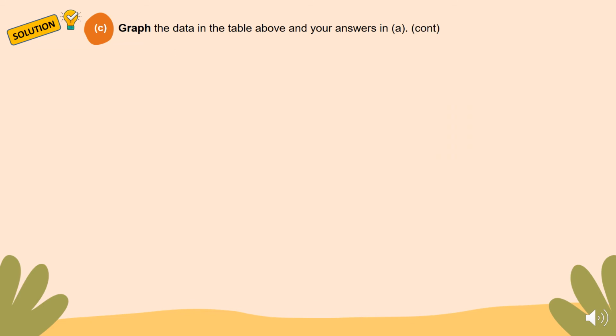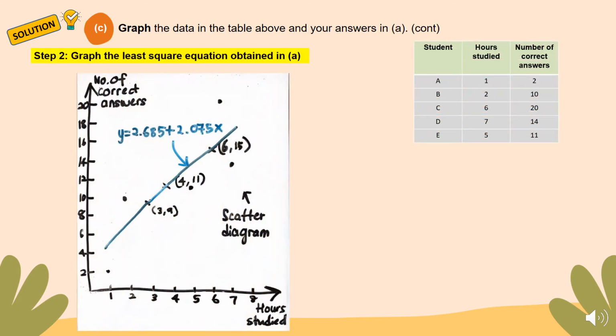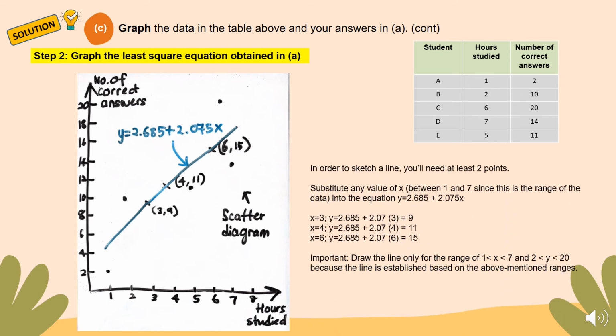The second step is to plot the least square equation on the scatter diagram that we plotted before. First, we have to find the coordinates that we have to plot on the graph in order to represent the line. So we take values within 1 to 7 for the x values. In this case, I choose the values of 3, 4, and 6.